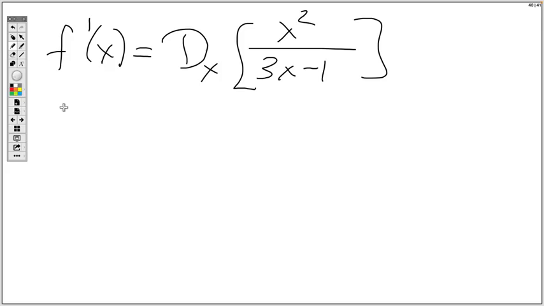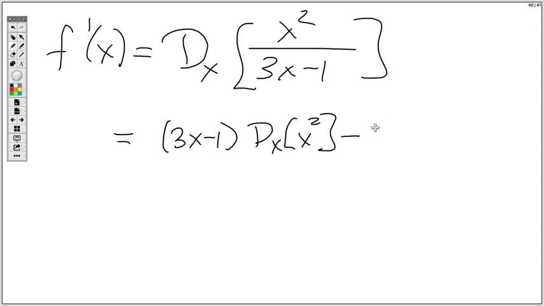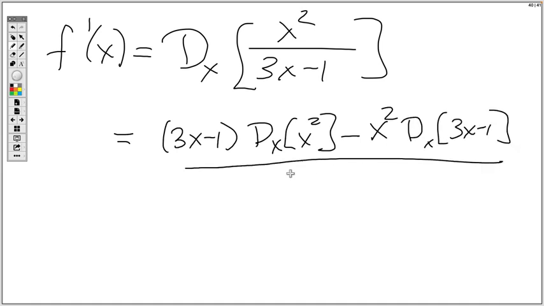And the last thing you would do is what? Divide. That means the first derivative rule you have to apply is the quotient rule. Low d high minus high d low, and you square the bottom, and off you go.